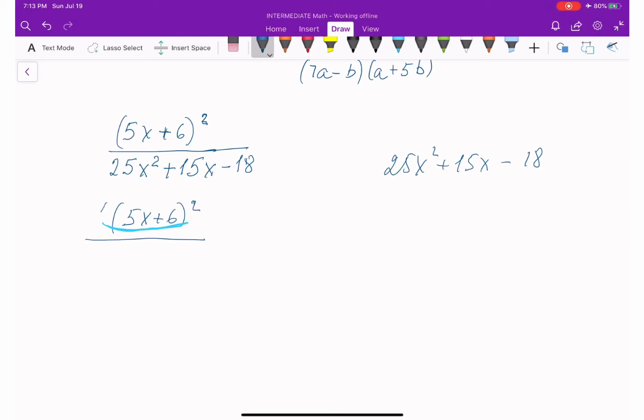Okay, let's see. 25x squared, can I write it as 5x squared? Yes. Then 18, I have here negative. Yes, I have negative, so I cannot have a perfect square, because no number squared will give me negative, and besides, no number squared will give me 18.